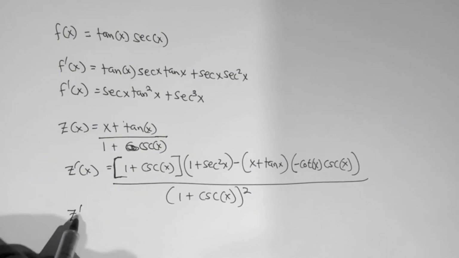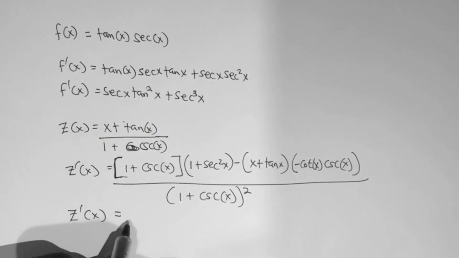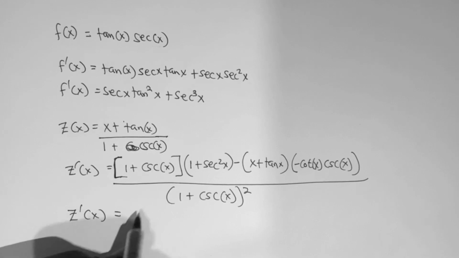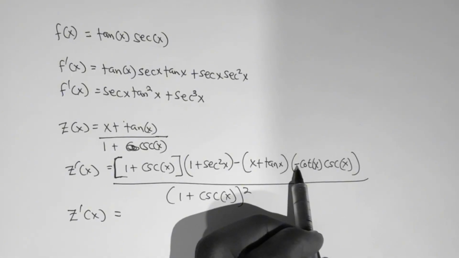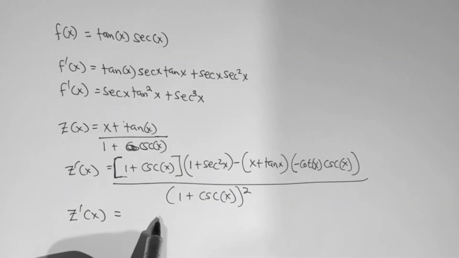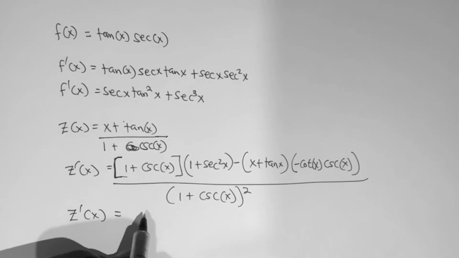So z prime of x is equal to, now this is minus and this is also minus, so we can multiply the two. If you multiply the two, you are going to get plus here.